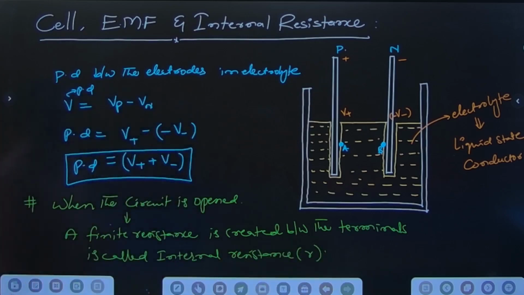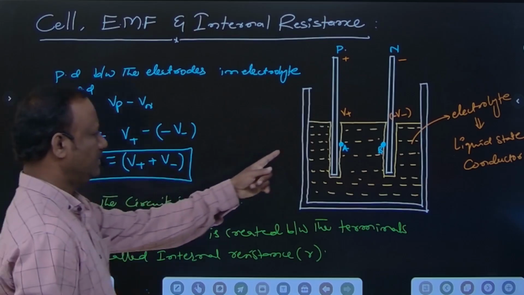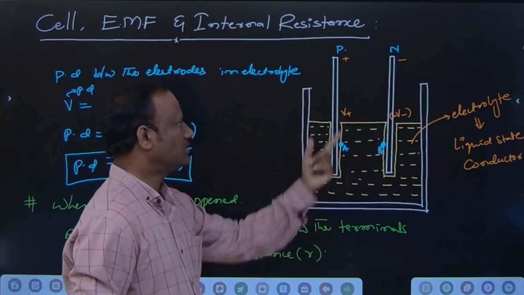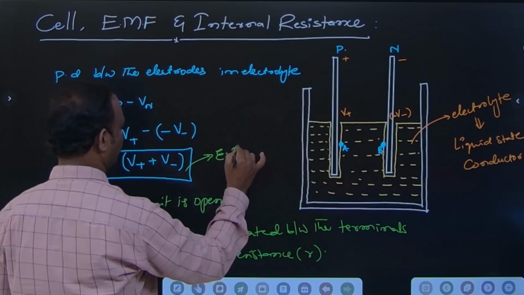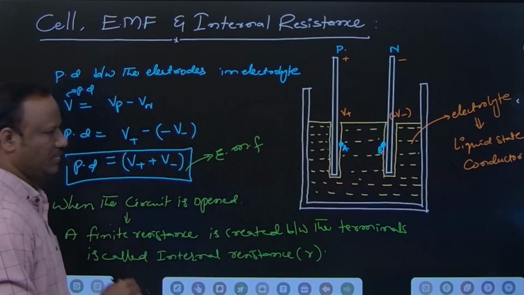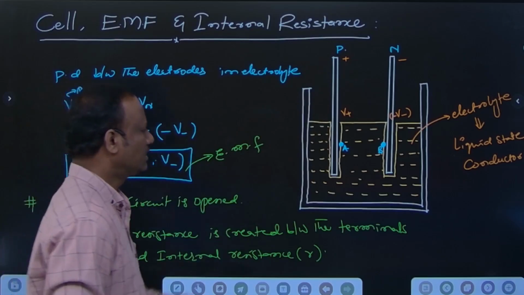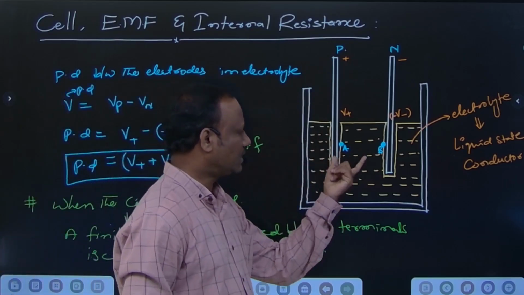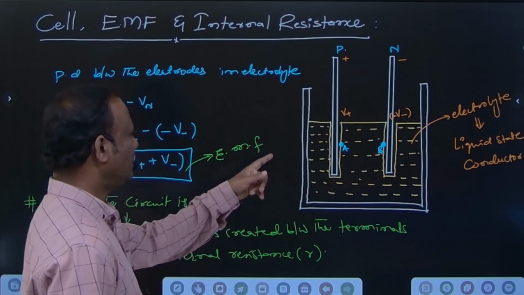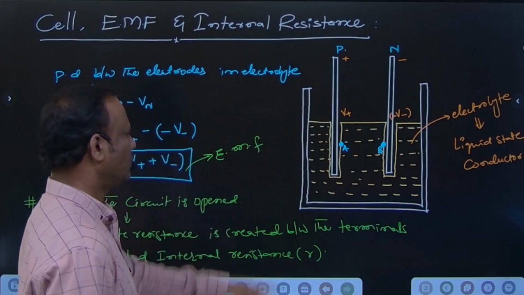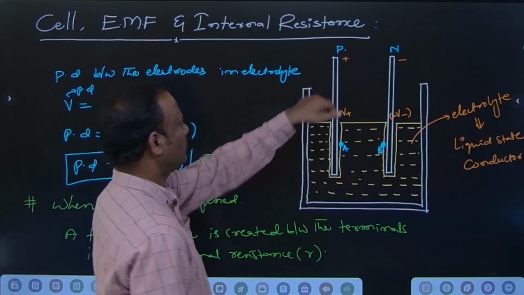And one more thing, a potential difference is created between these two terminals when the circuit is opened. This is called EMF. EMF is defined as the potential difference between the terminals of a battery, or the potential difference created between the terminals of an electrolyte when the circuit is opened.